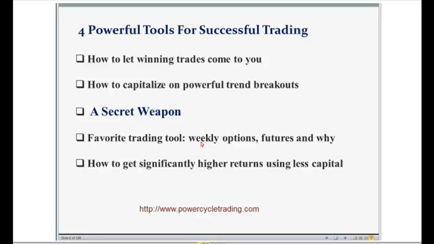My favorite trading tools, which are futures, options, and weekly options, and how to get significantly higher returns using less capital. This is going to be primarily based on weekly options. I'm going to go over a lot of really good stuff on weekly options, how they're used, and some really cool trades I think you'll enjoy and hopefully learn from, what I'm going to show you today.